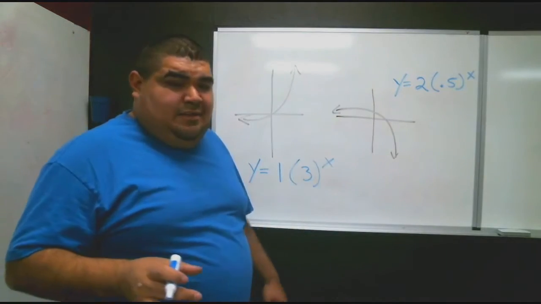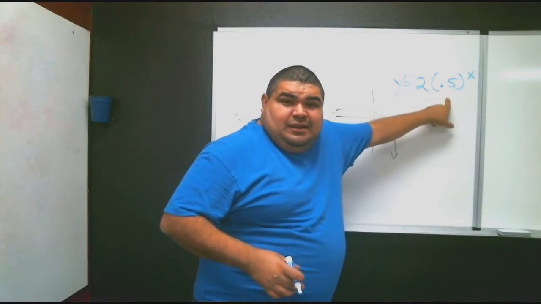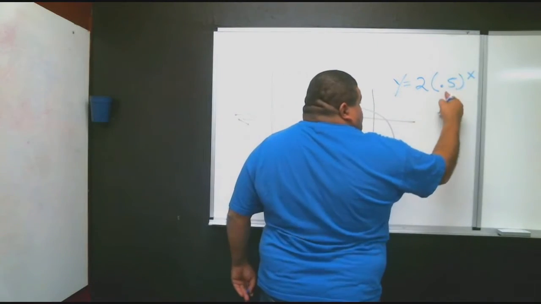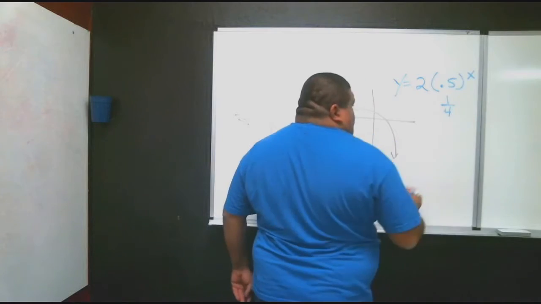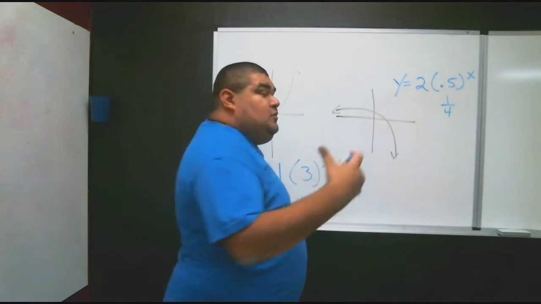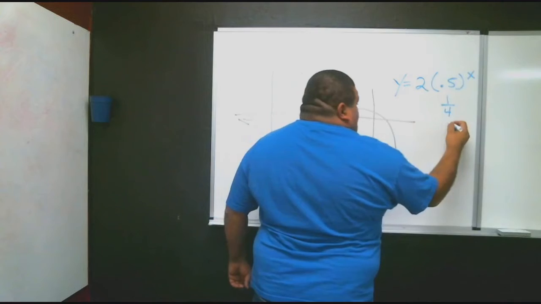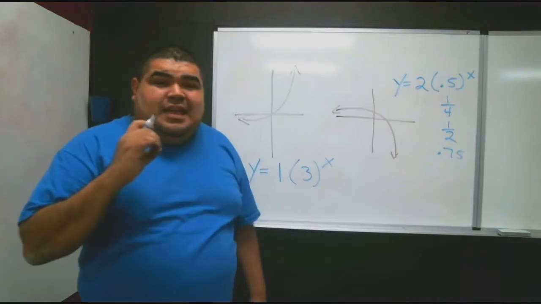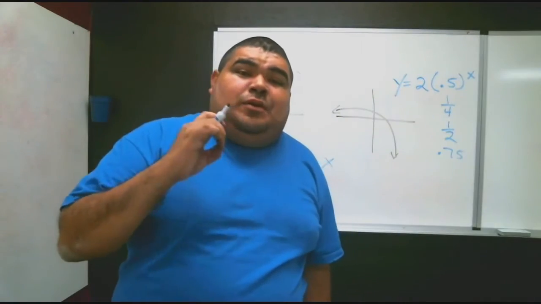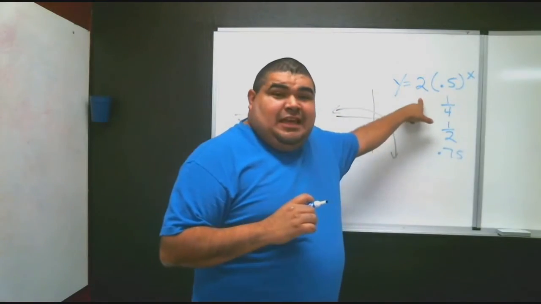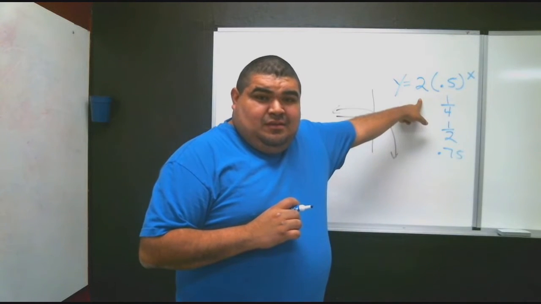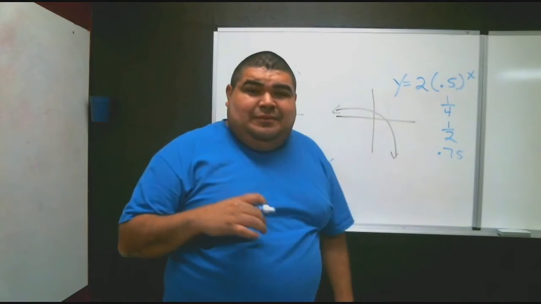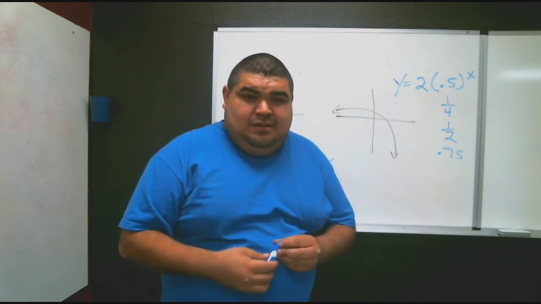That means it's going to decay, because your B is in between 0 and 1. Also, if instead of 0.5 you had 1/4, it's still less than 1 but bigger than 0. Or 1/2, even 0.75. Anything in between 0 and 1 for B, as long as A is positive and bigger than 0, you're going to have an exponential decay.